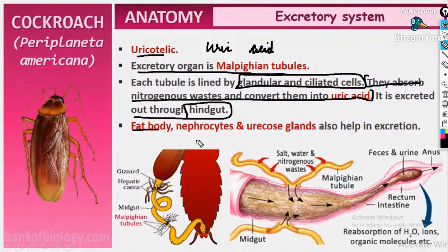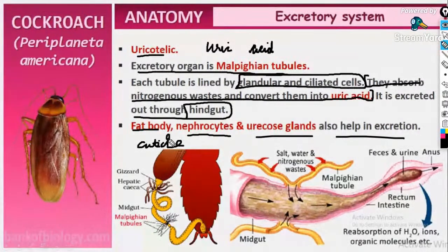Fat body, nephrocyte, and uricose gland also help in excretion. Uricose gland, fat body, nephrocyte, and cuticle also help in excretion, right?